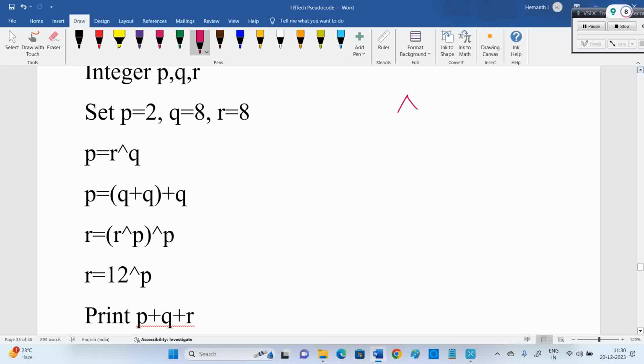This cap symbol represents what? XOR operator. It means the decimal should be converted into binary, then bitwise, bit to bit you have to check, then you get this binary, then convert into decimal. All this should happen within a minute.